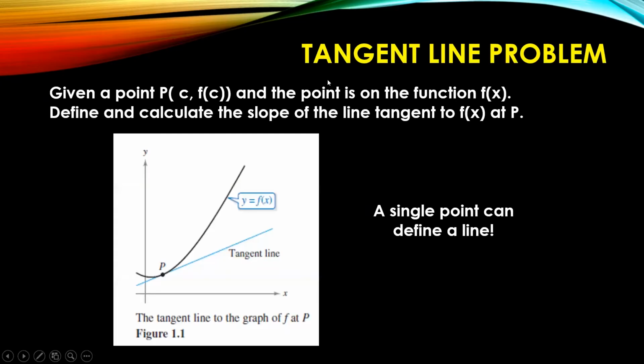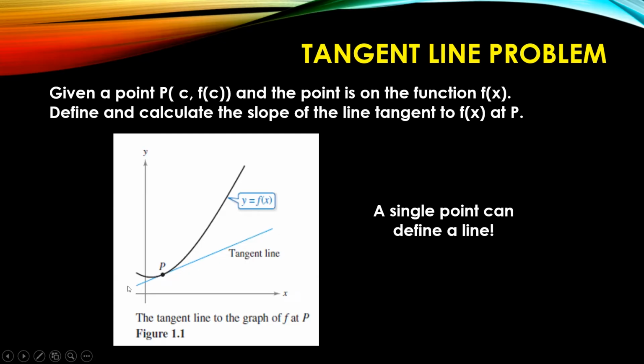Okay, so for tangent line problems, what is a tangent line first? So for example, guys, look at the curve here. You have here the curve y is equal to f of x. So in this case, if I have a line passing through only one point of the curve, that point is what they call the point of tangency.